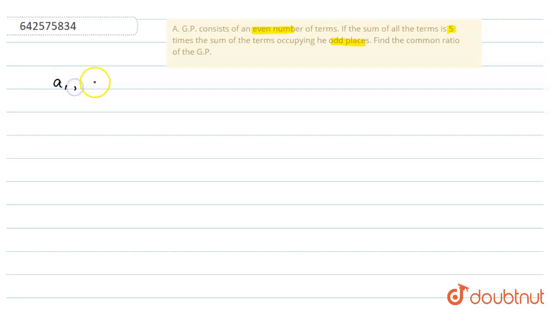GP is in the form A1, A2, A3 and so on, then R is the common ratio. R will be equal to A2 upon A1 equals A3 upon A2.